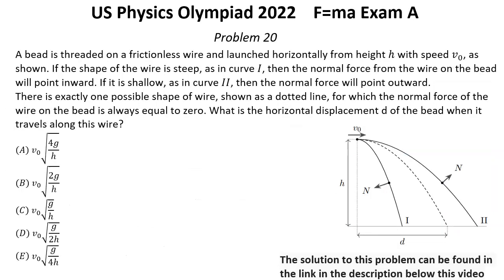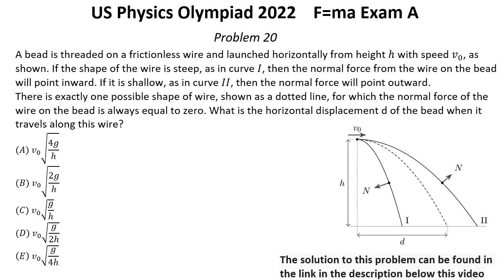Problem number 20. A bead is threaded on a frictionless wire and launched horizontally from height h with the speed v0 as shown. If the shape of the wire is a step, as in curve 1, then the normal force from the wire on the bead will point inward.